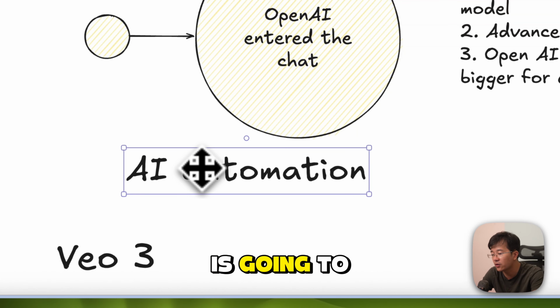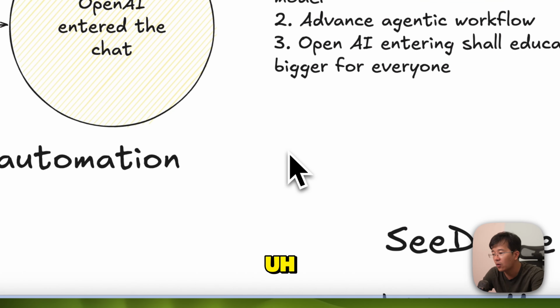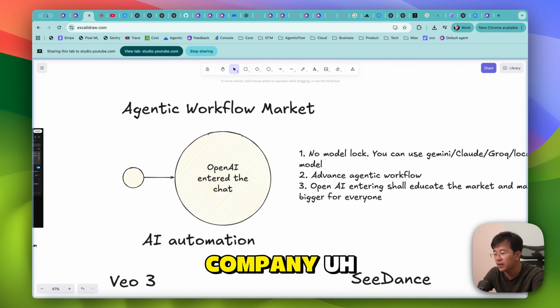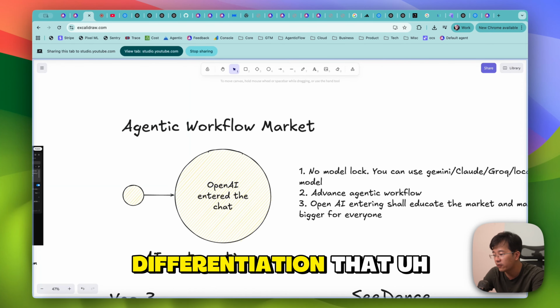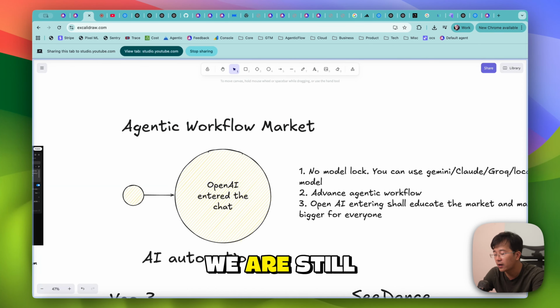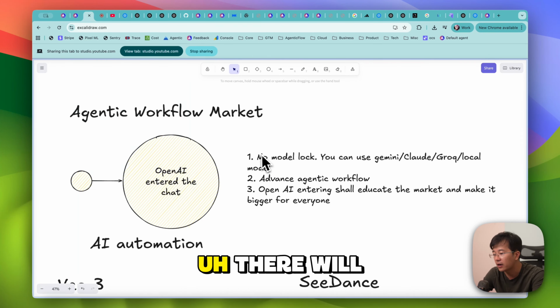So the demand is going to increase. And what we can stand as a company, I think, is we will focus on some differentiation that we still maintain compared to this one. So for example, there will be no model lock-in to any of the vendors.